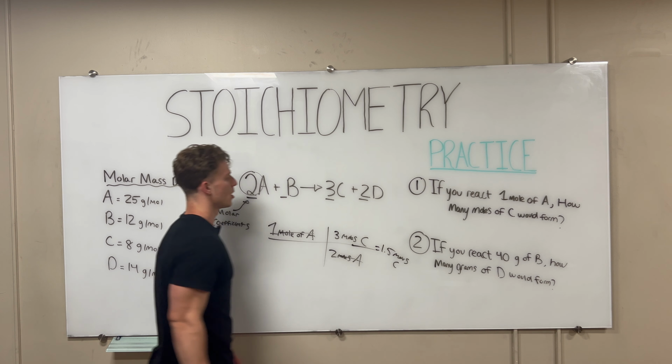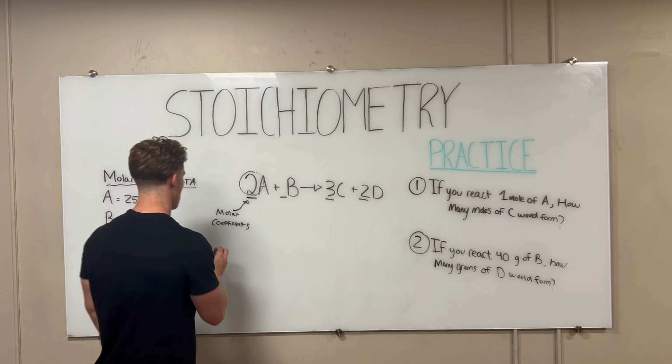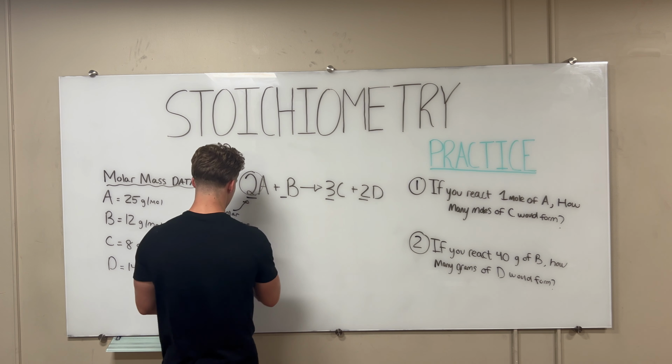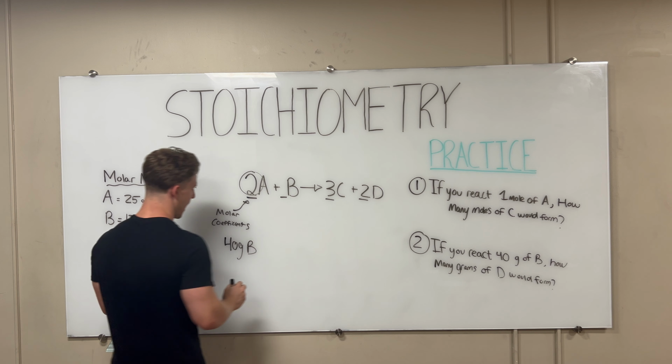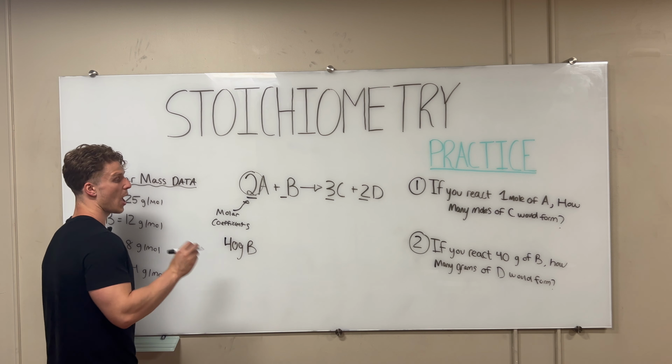Okay, so let's tackle practice problem number 2. So it asks, if you react 40 grams of B, how many grams of D would form? Now, if you're given a problem like this, you want to make sure that you're in moles, right? So they give us 40 grams of B. Okay, now grams does not help us, okay?